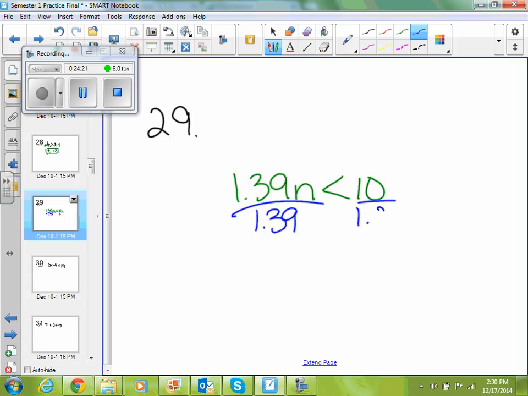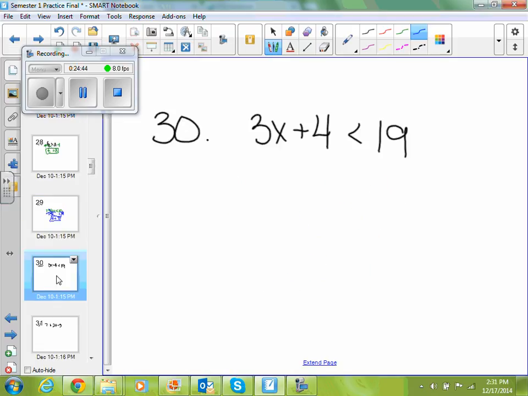That equals n is less than 7. So you can purchase less than 7 notebooks. I know, it's crazy. Alright, number 30.